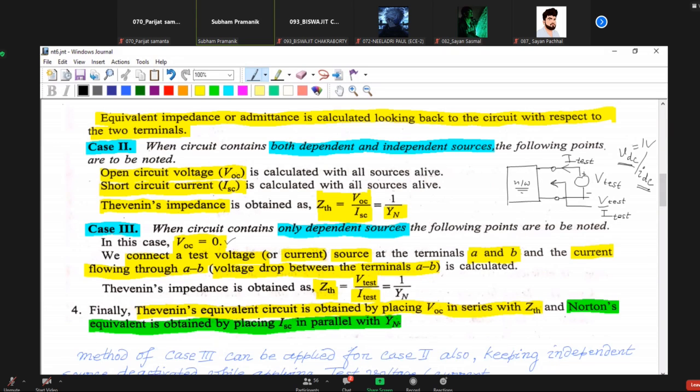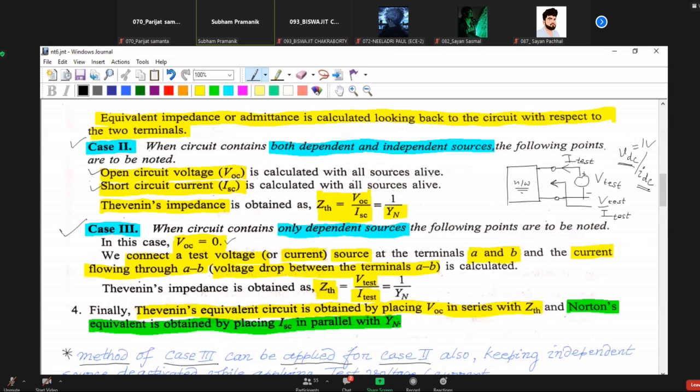And then, rearranging the terms, you need to find their ratio. The one point that has been mentioned here is that the method of case 3, that means connecting a test voltage or test current, is also applicable for case 2. That means instead of finding VOC and ISC and their ratio, as we did in case 2, you can also apply this method.